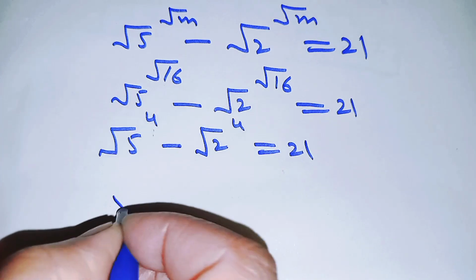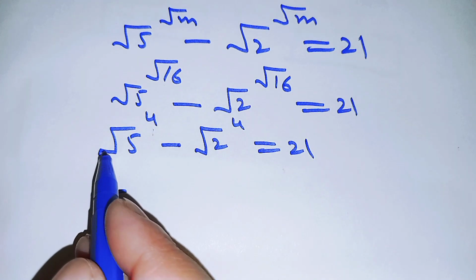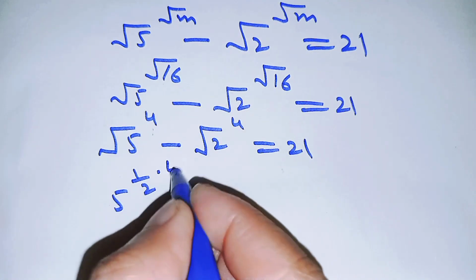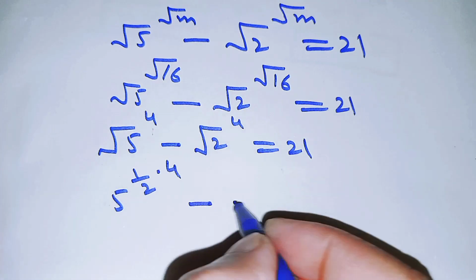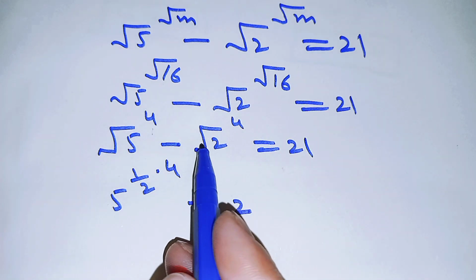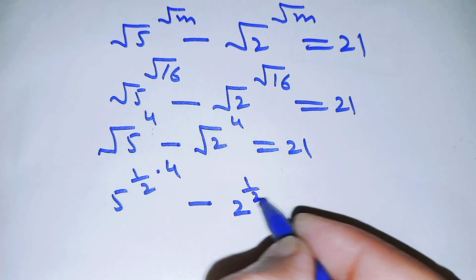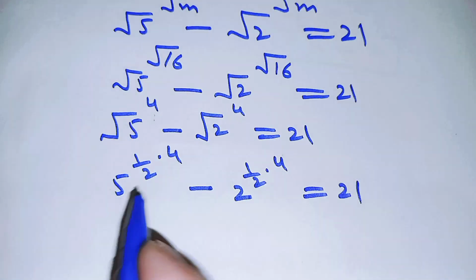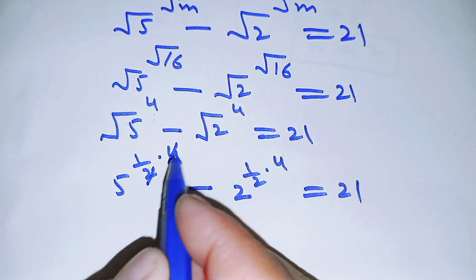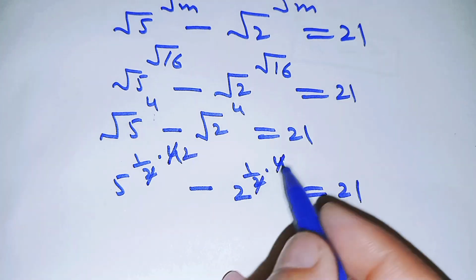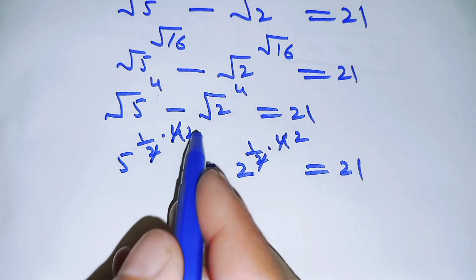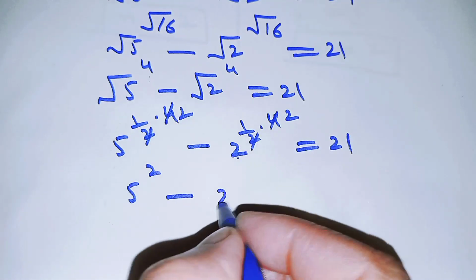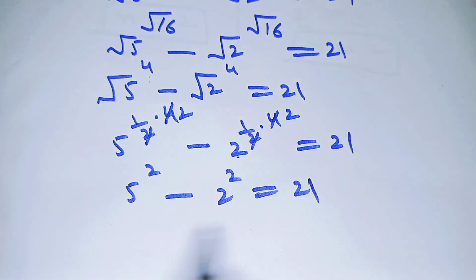Now we can write the square root as the power of 1 over 2. So 5 to the power of 1 over 2 times 4, minus 2 to the power of 1 over 2 times 4, is equal to 21. Here 2 divided by 4 gives the exponent 2, so we have 5 squared minus 2 squared is equal to 21.